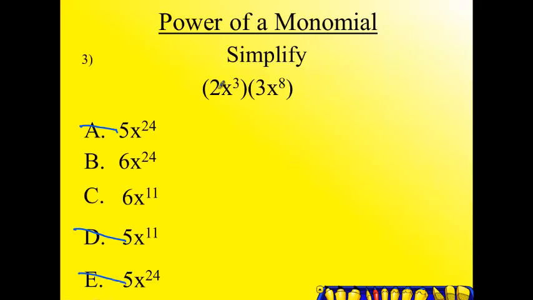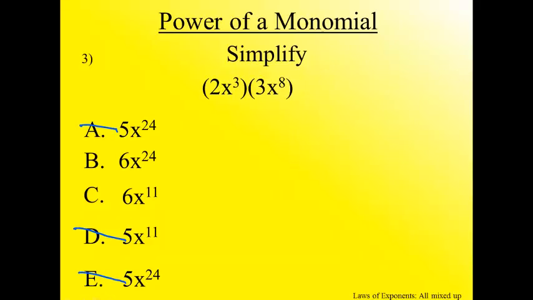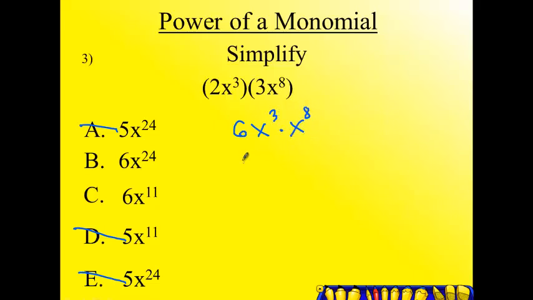Just multiply 2 and 3. 2 times 3 will give us 6. We have x cubed times x8. Now note that we have the same base. Copy the base and add the exponents. So 3 plus 8 is equal to 11. So our final answer is 6x11.